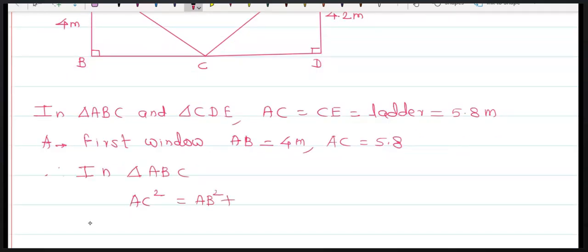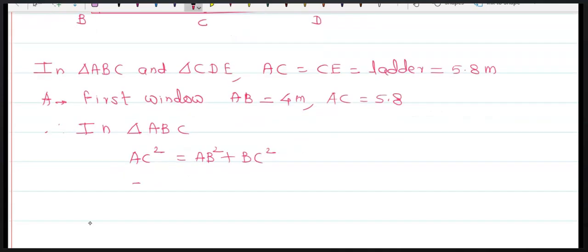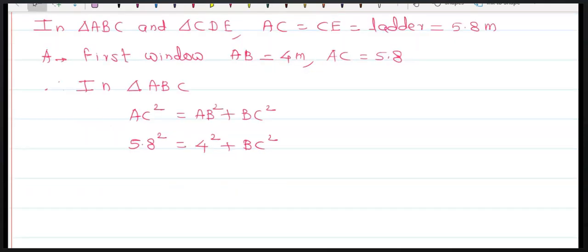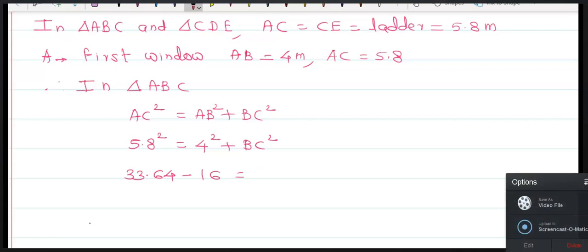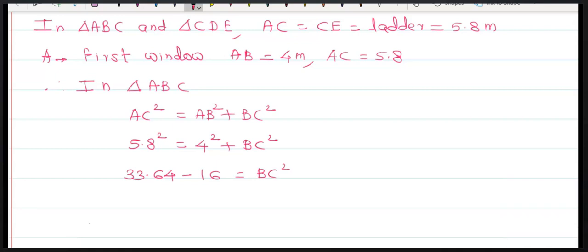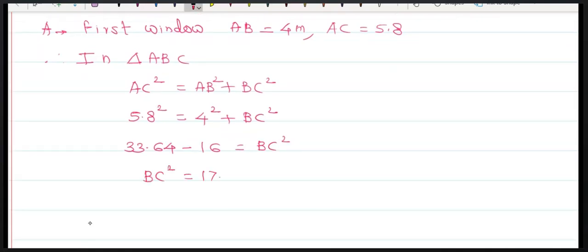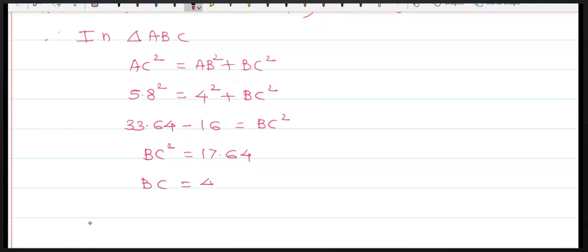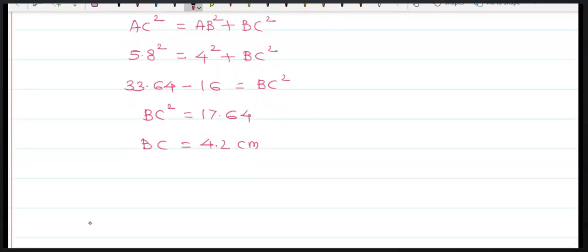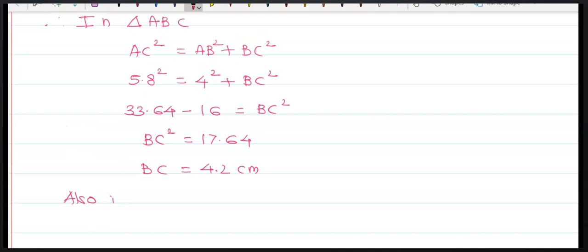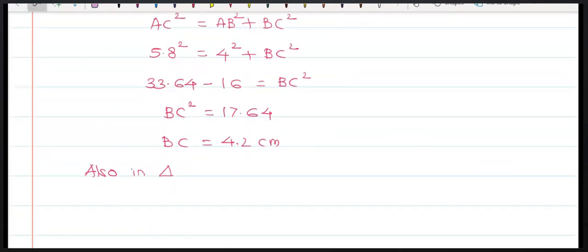Therefore, in triangle ABC, AC square is equal to AB square plus BC square. 5.8 square, 4 square, BC square. Therefore, 5.8 square is 33.64 minus 16, that is equal to BC square. Therefore, BC square is equal to 17.64. Therefore, BC is equal to 4.2 meter. By mistake, it is written in centimeter, but it is given in meter.